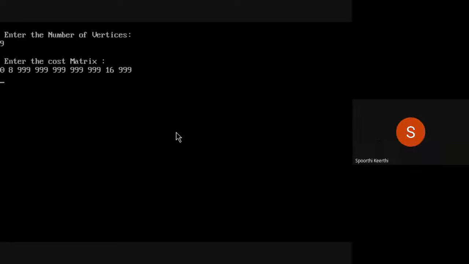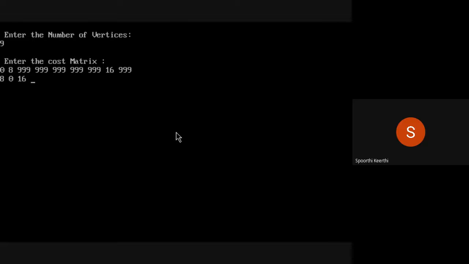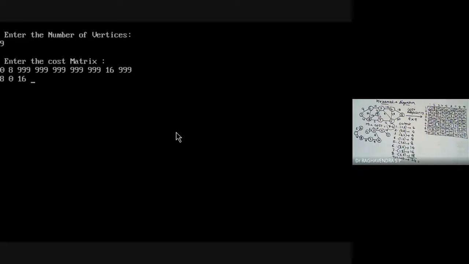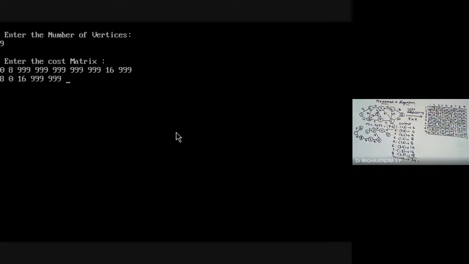Next, second row. 8, 0, 6. 16, sir. Only 6? 2 to 3, 16. Check the graph where you have written 2 to 3. 16, sir. Okay, so 2 to 3 is 16. Next, infinity, infinity, infinity, infinity.